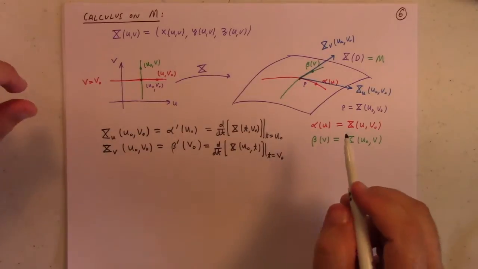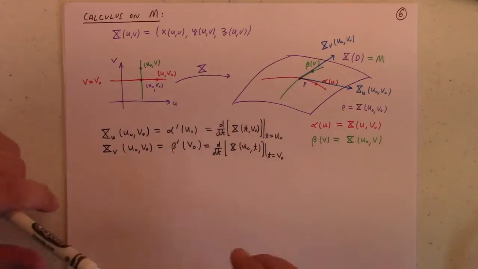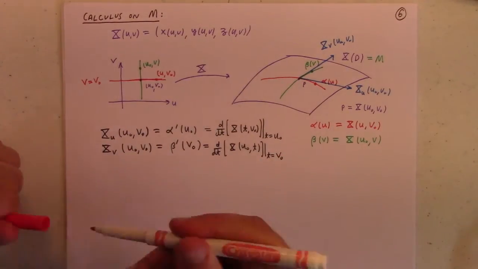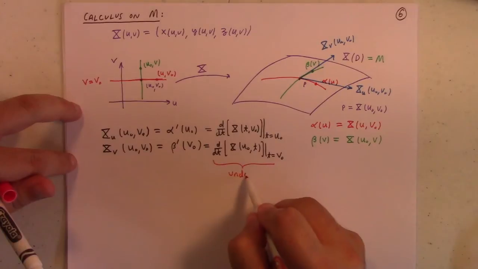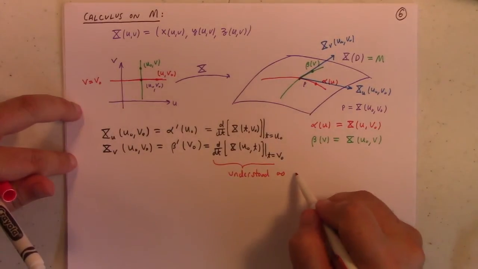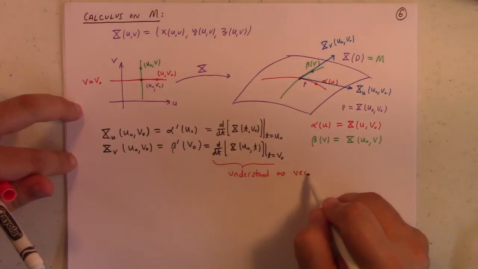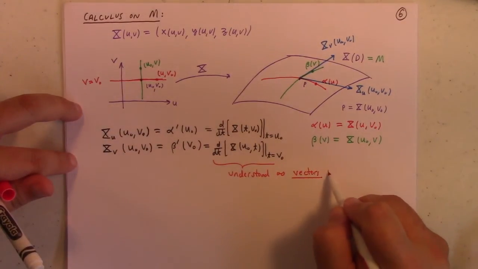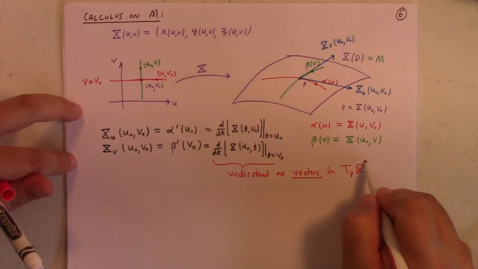Now, let's be clear, these are velocity vectors, which means that they're understood as vectors in the tangent space to R3 at P, okay?